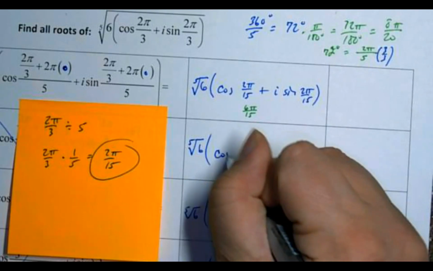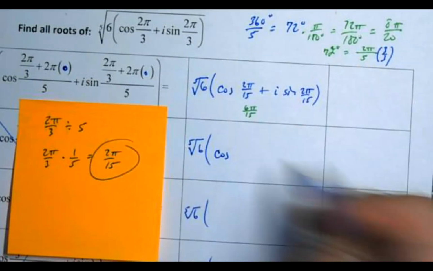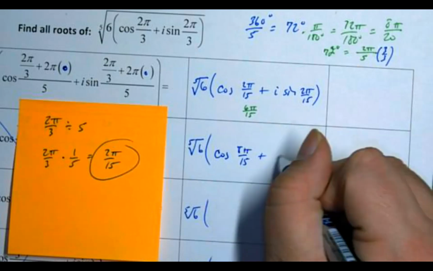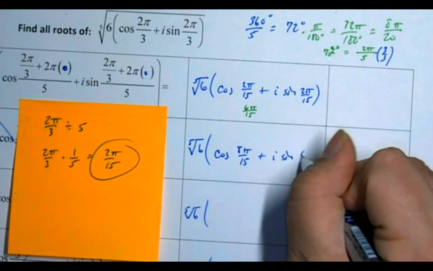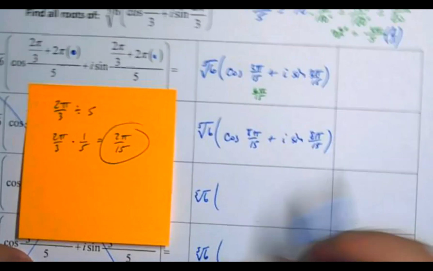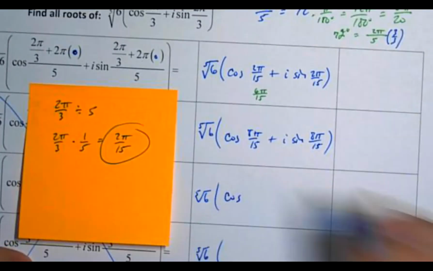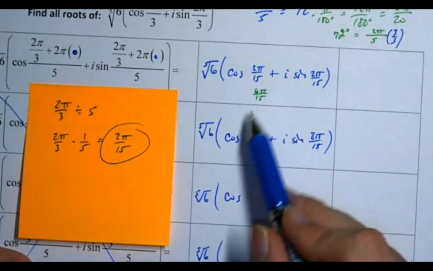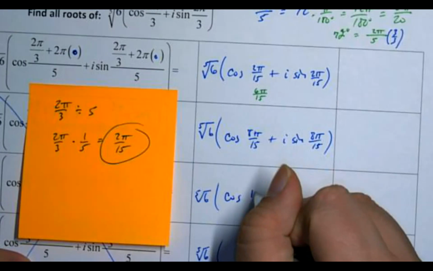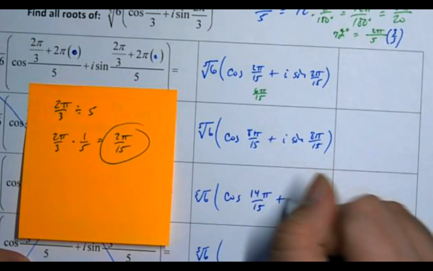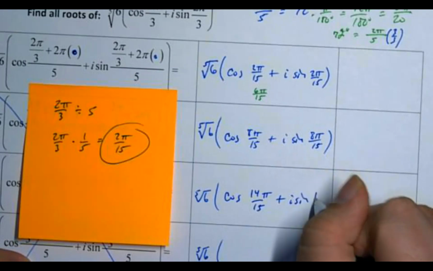So this is going to be the cosine of 2 pi over 15 plus 6 pi over 15, which is 8 pi over 15, plus I sine 8 pi over 15. Then 8 pi over 15 plus 6 pi over 15, so 8 plus 6 is 14. That's cosine 14 pi over 15 plus I sine 14 pi over 15.